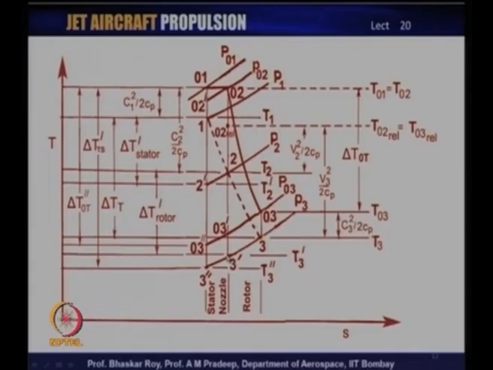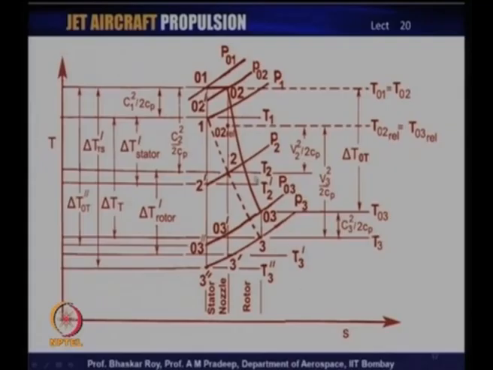So, these are the fundamental changes of state that are occurring as it is going through the turbine, and you of course, see the corresponding delta T values, the isentropic values, the real values. This is the static parameter change that is occurring, this is the isentropic parameter change that is occurring. So, these are the changes that are occurring first through the stator nozzle and then through the rotor.